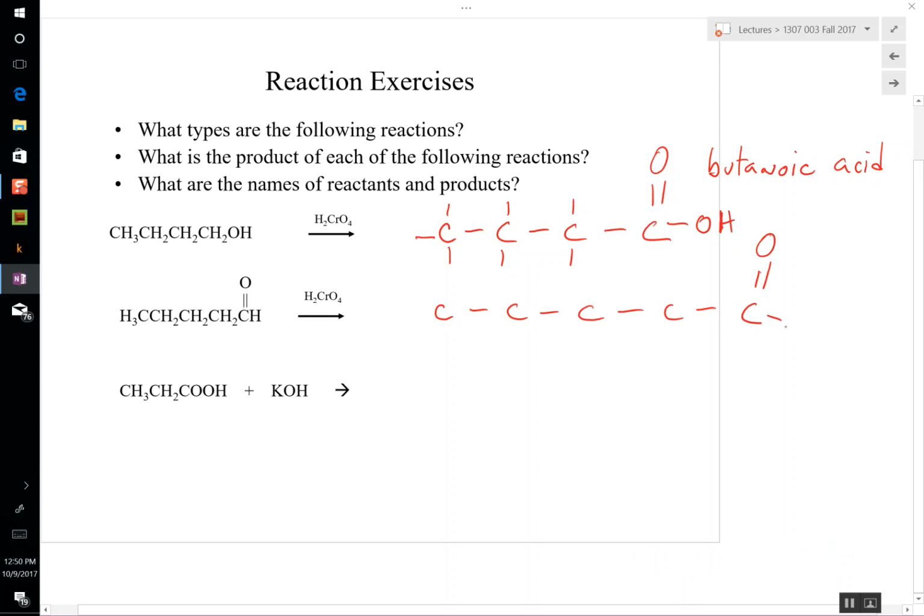Right where you originally had an oxygen, you're now going to have 2 oxygens. You're going to have the carboxyl group. And what's that name? Pentanoic acid. And down here we have propanoic acid.